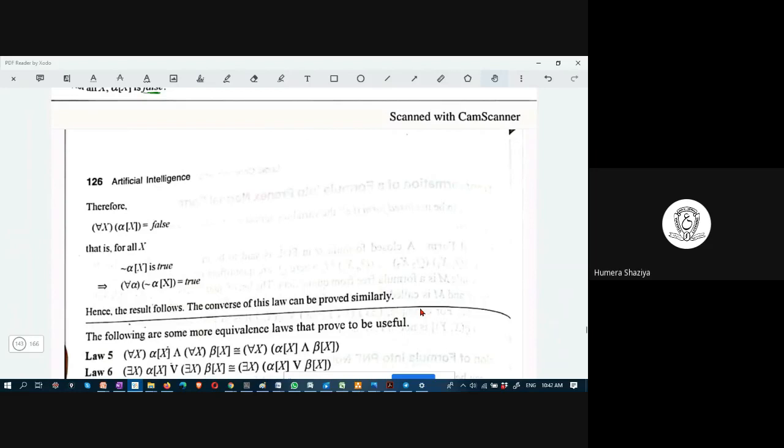Through this, it is proved that those two statements or formulas are equivalent. When for all x, alpha of x is false, then for all x, not alpha of x is true. Because not alpha of x is true, eventually we get the whole formula to be true.